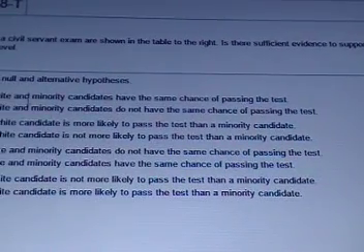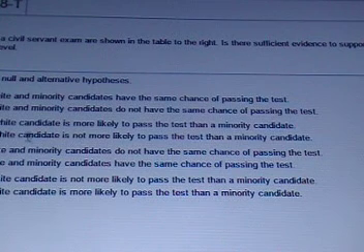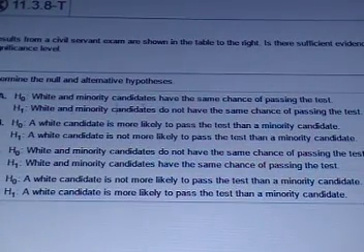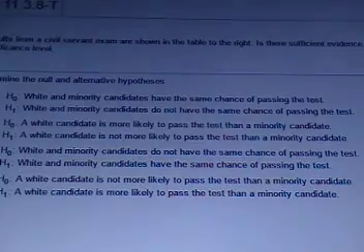The null should be that they have the same chance of passing, which is either A or C. And then the alternative would be that they do not have the same chance of passing. So this is A. The null is that they're equal, and the alternative is that they're not equal. The null is that they're independent of each other, and the alternative is that they depend on each other.